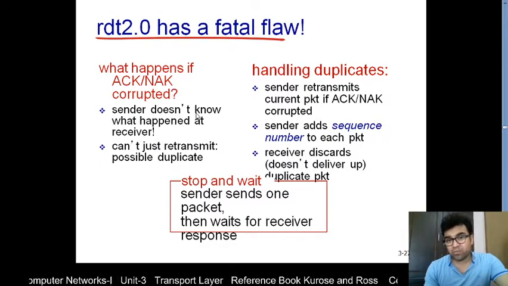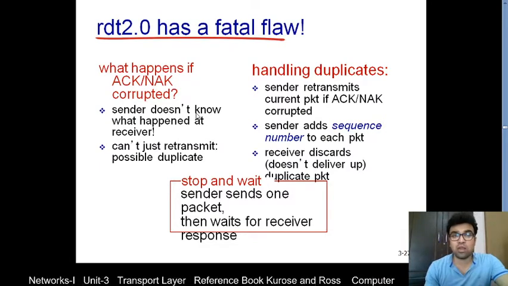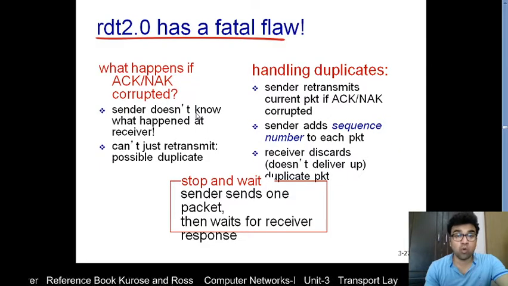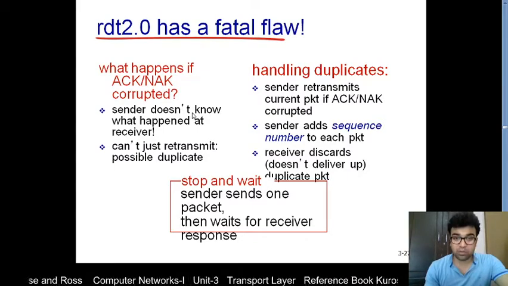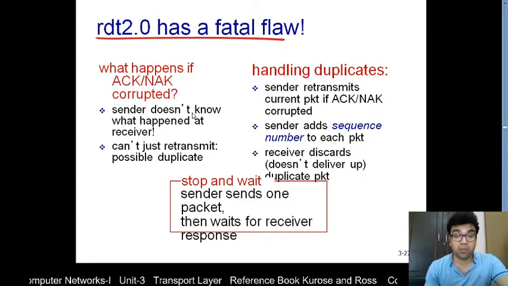So this happened in the RDT 2.0 version, and now in the next version we have to remove this problem of getting confused between a retransmitted packet and a fresh packet.